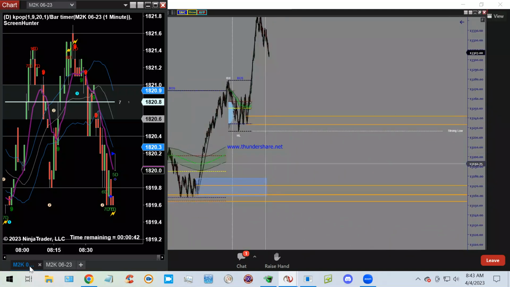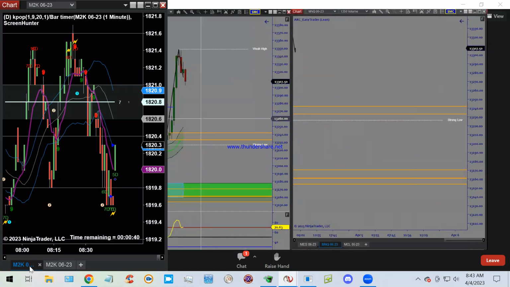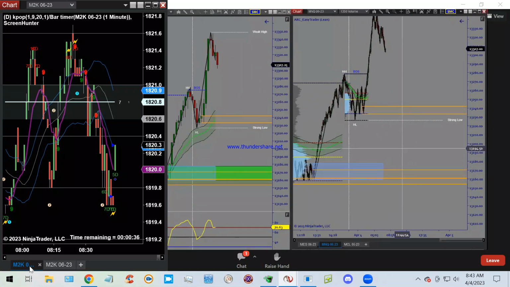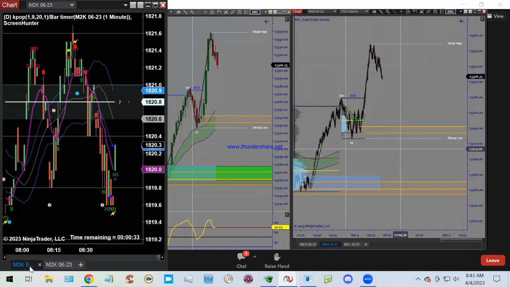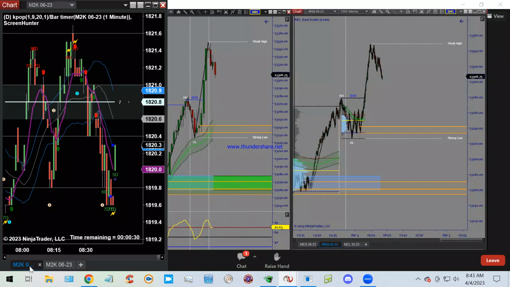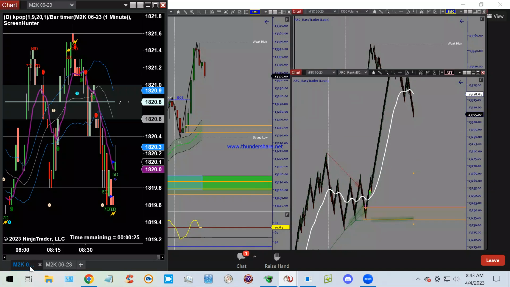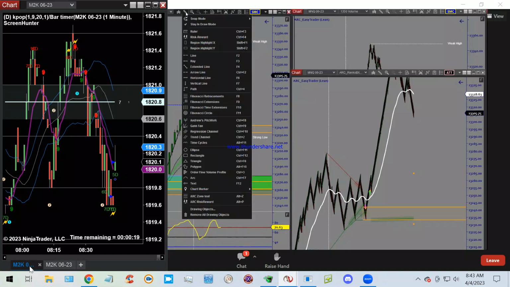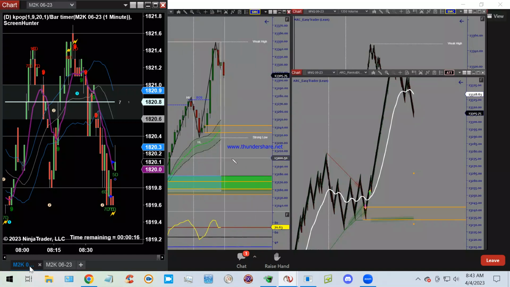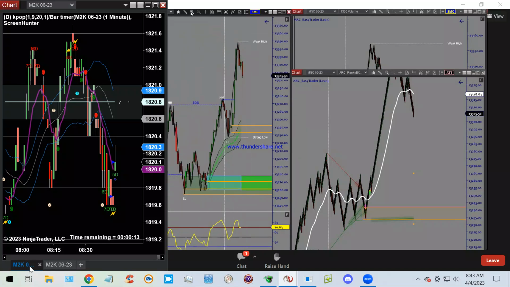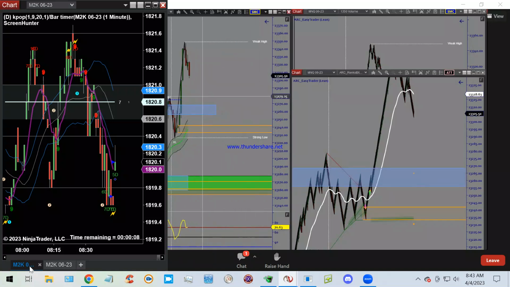The inducement bars. This was resistance that was broken, so it now turns into support.